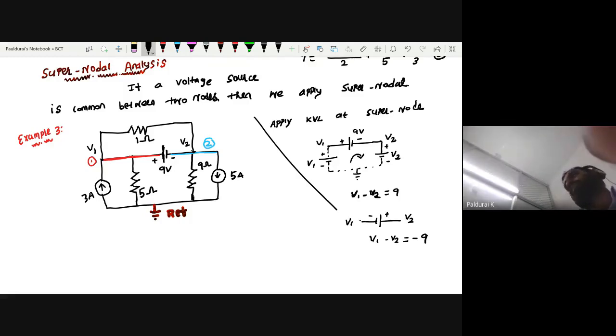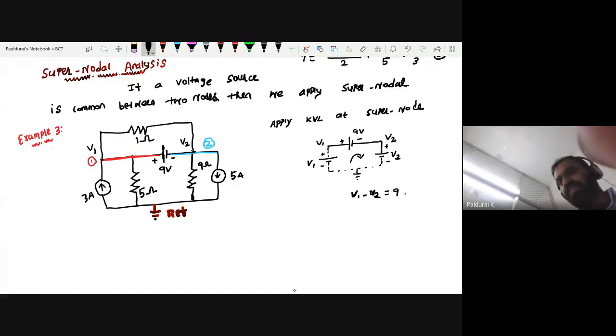Both are correct, right? It's just for your information. So V1 minus V2 equals 9. This is my equation number 1.